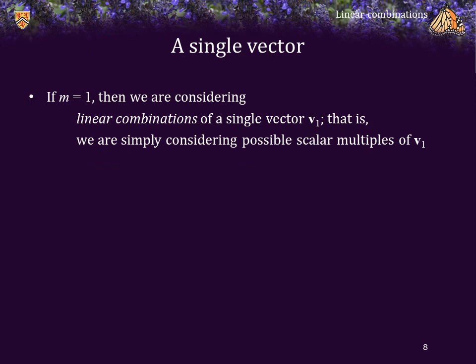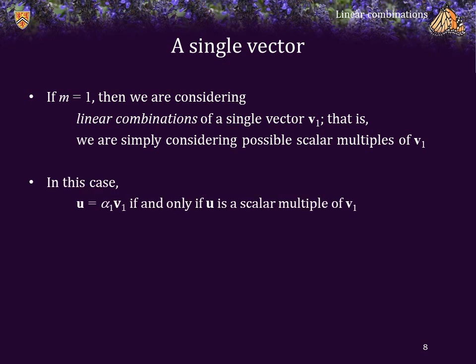Now, if m is equal to 1, then we are considering all linear combinations of a single vector v1. That is, we are simply considering all scalar multiples of a single vector.